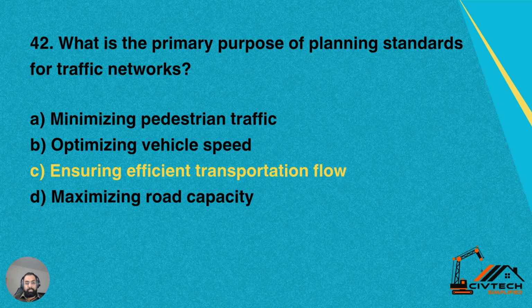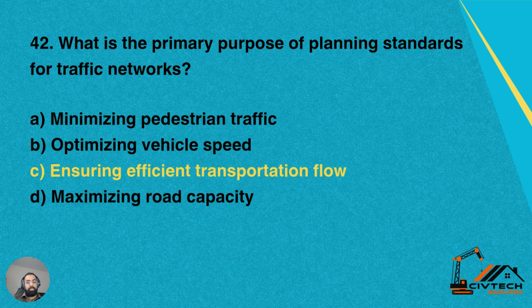42. What is the primary purpose of planning standards for traffic network? Why do we introduce standards for traffic network during town planning? Options were: number A, minimizing pedestrian traffic.